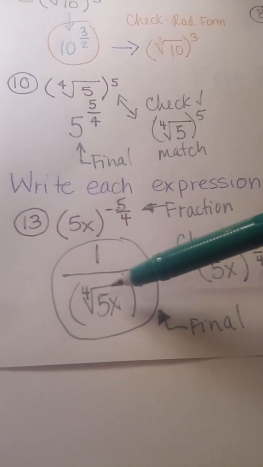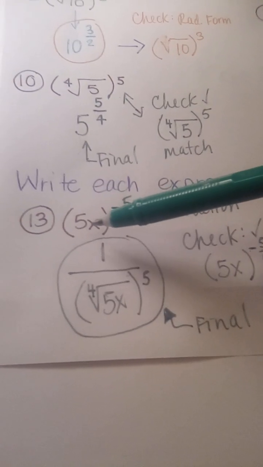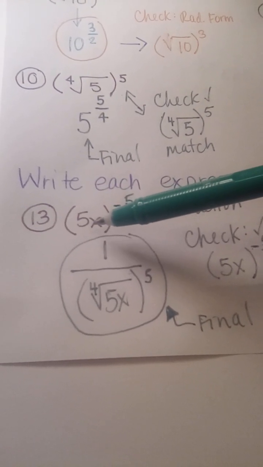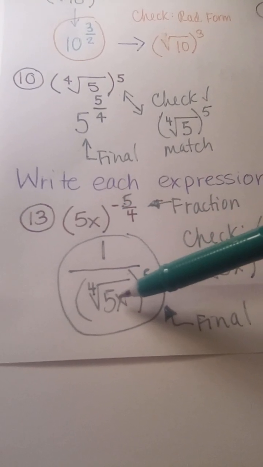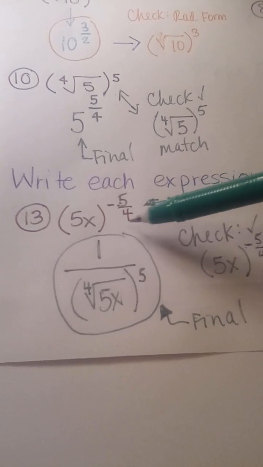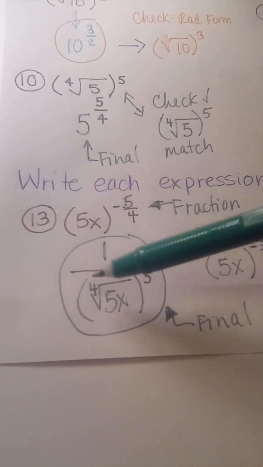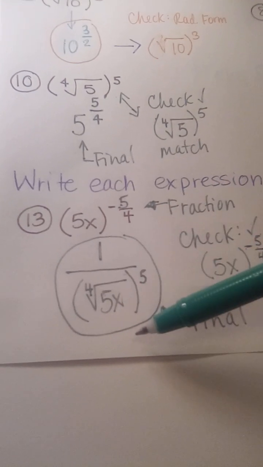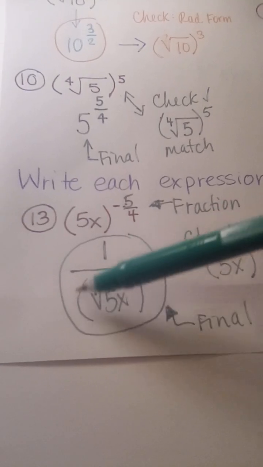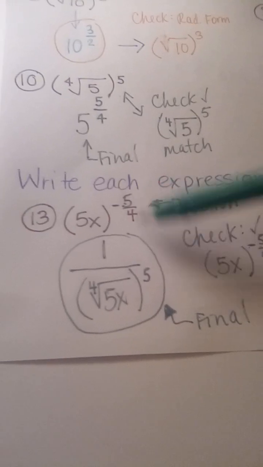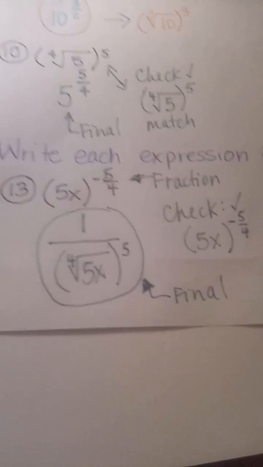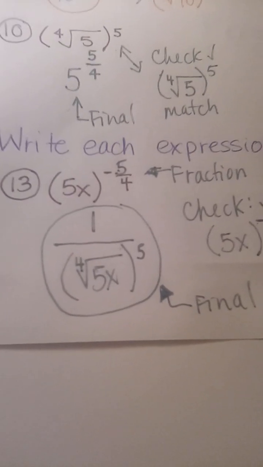And then you do the denominator. The denominator in this case is the square root of 5x, with the square root around it. What's the index? The index will be 4. And are we done yet? No. In order to make this positive, you have to put parentheses around it, and you put what's left over, which is 5. So that wasn't too bad.